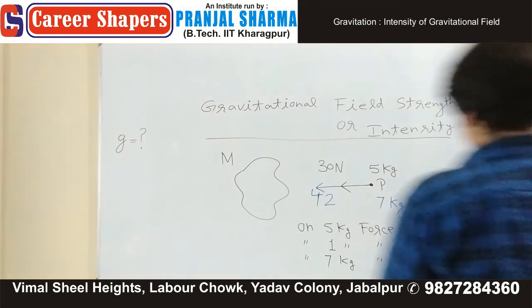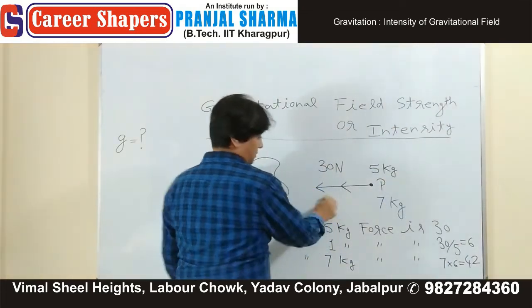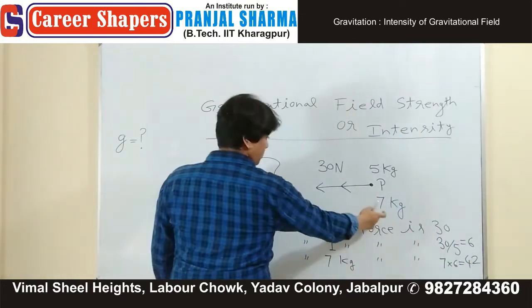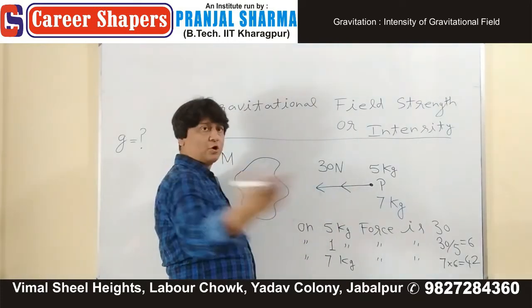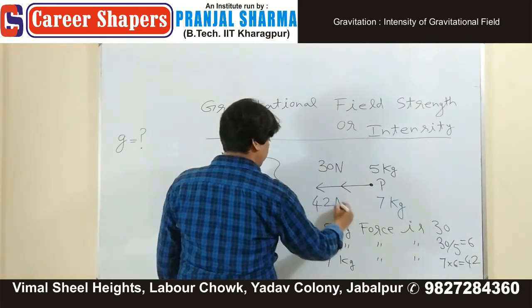Force acting on the 7 kg block. For blue 7 kg, I am using blue arrow, or you can draw a separate figure. The force is coming 42 newtons.